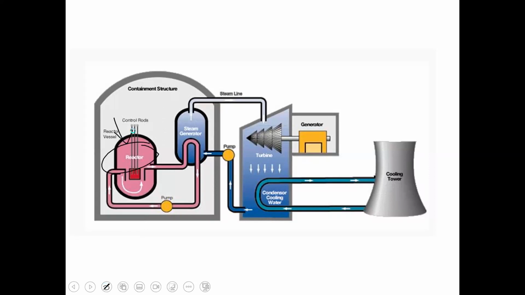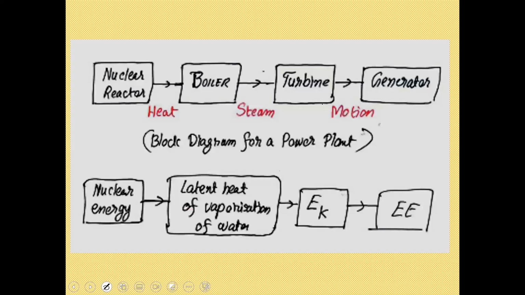The reactor is generating heat, and then we are pumping the heat to boil water, and we get steam. Steam is used to turn the turbines, and the turbine runs to generate electricity. This is the working of a nuclear power plant. We have a nuclear reactor, a boiler, a turbine, and a generator.